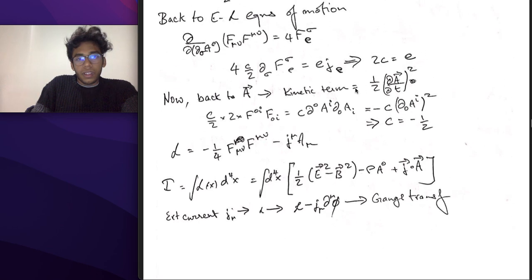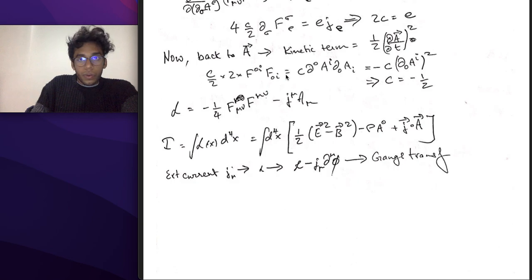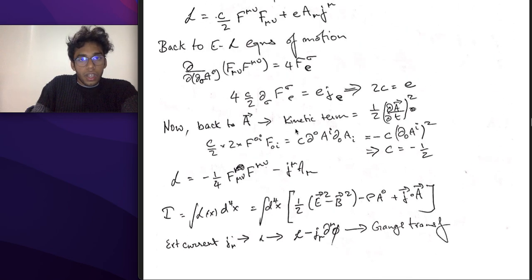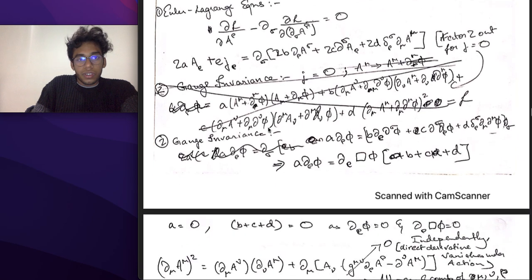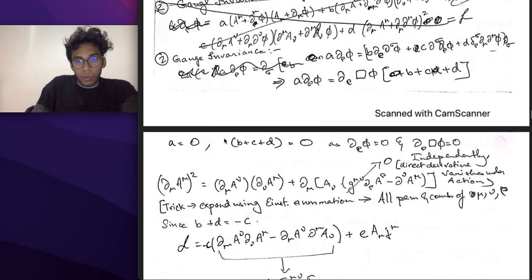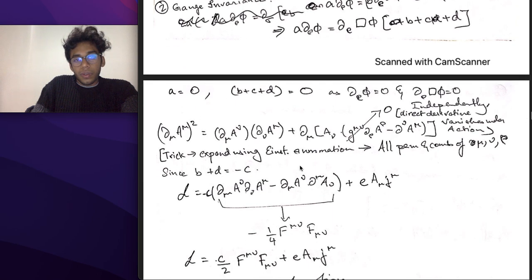This is something that needs to be worked out, but it's pretty simple to see really. The idea here is that you take the Euler-Lagrange equations, then impose gauge invariance, then come up with certain conditions, and then you split around the terms that are seemingly very complicated.